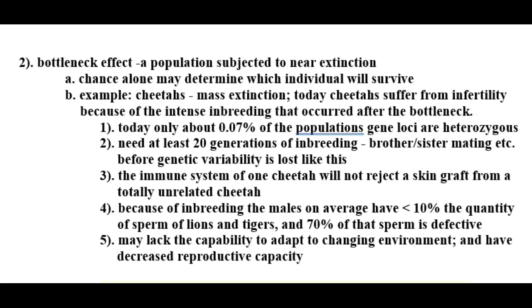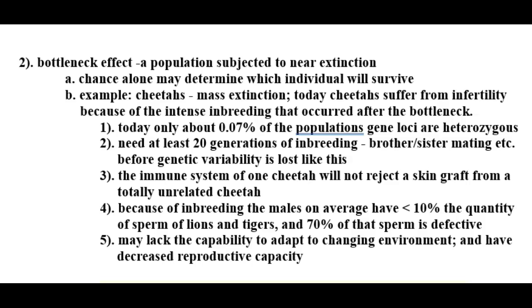A bottleneck is where a population almost goes extinct, and it was chance alone that determined which ones survived. The example for today is cheetahs. After a mass extinction, today cheetahs suffer from infertility because of the intense inbreeding that occurred after the bottleneck.